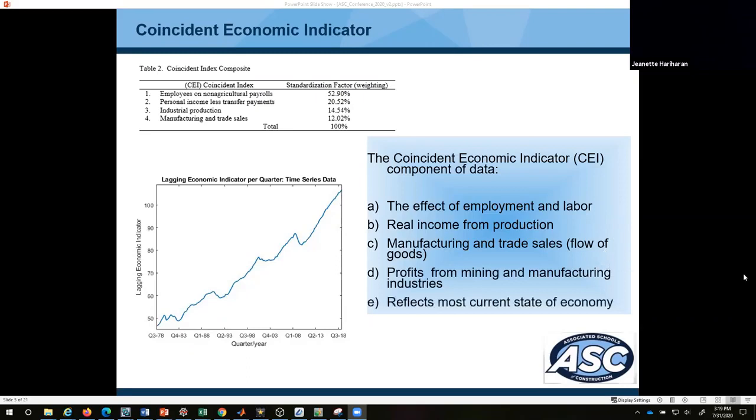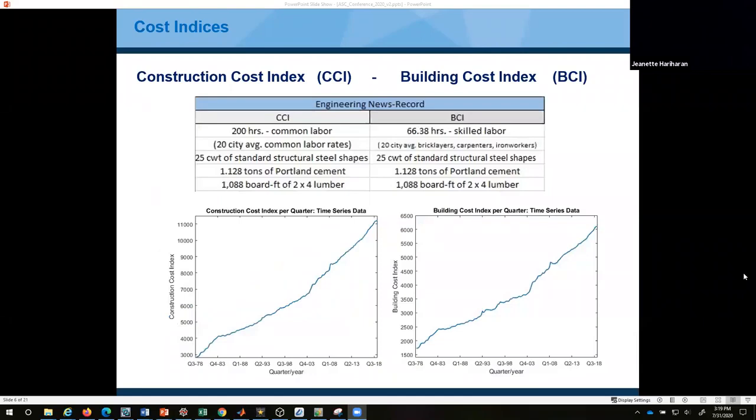The construction cost indices and the building cost indices are measured by common labor hours, 200 common hours from a 20-city average over common labor rates.